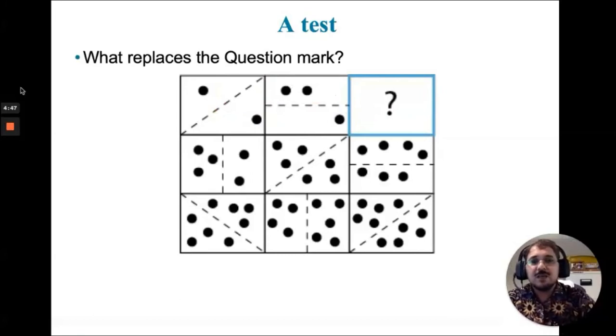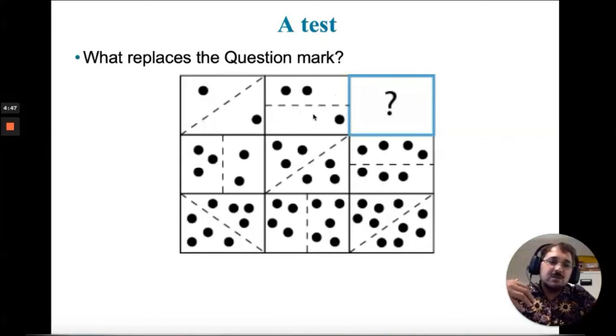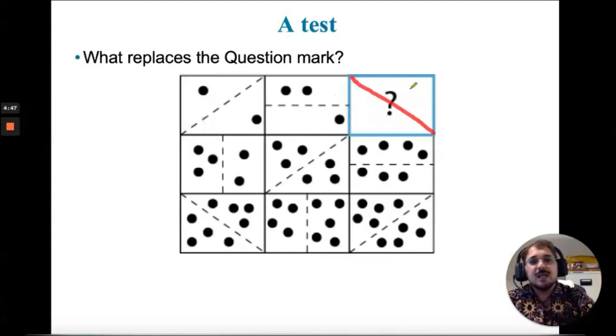I should remove this one. Okay, so it will be like this. When we understand the pattern, that the dots increase by one and the line changes its direction in every next cell by 45 degrees clockwise, then it will be like this, and it should be two here and two here.